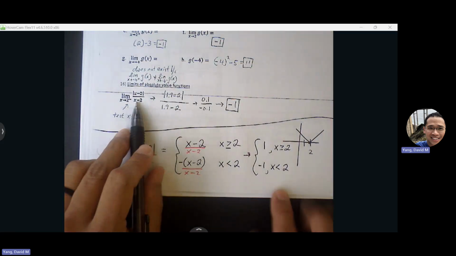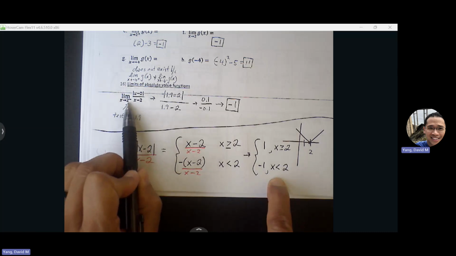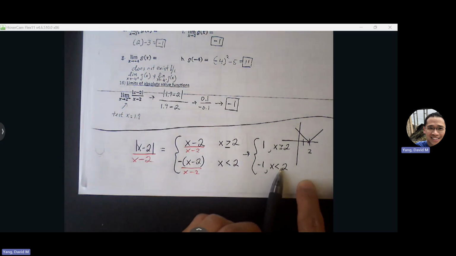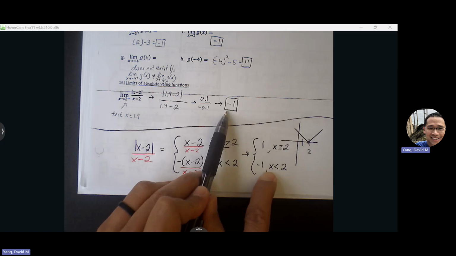So this is the same thing as this. And if I wanted to approach 2 from the left side of 2, that means I'm starting from the left, which is like 1.5, 1.6, 1.7, 1.8, 1.9. Those are all values that are less than 2. So any value that's less than 2, it's approaching -1. So that's why we have -1.